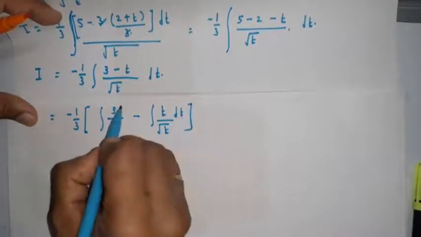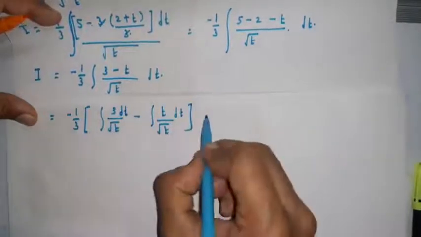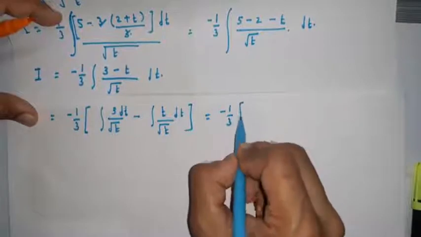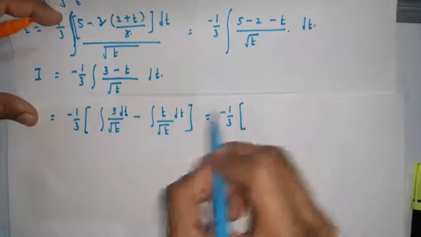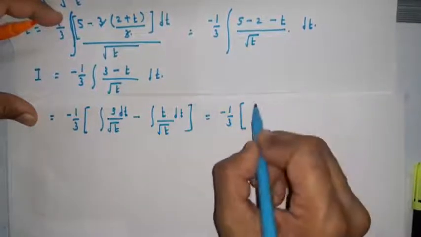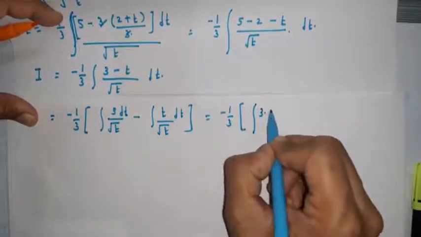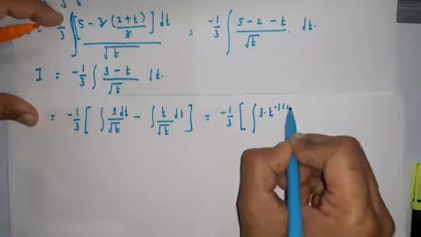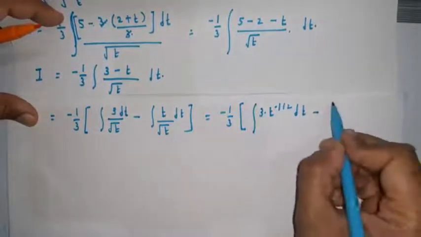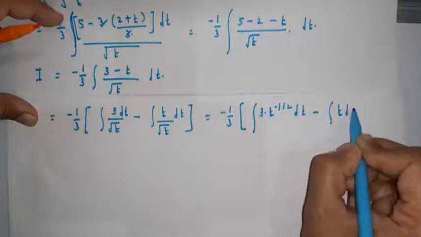Okay students, so let us simplify the terms. Minus 1 by 3, dt upon root t, that is integration of 3 t raised to minus 1 by 2 with respect to t, and t upon root t is root t with respect to t.